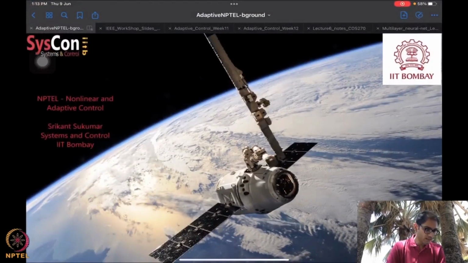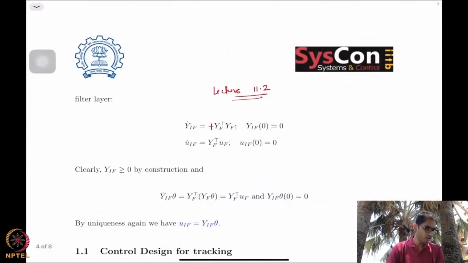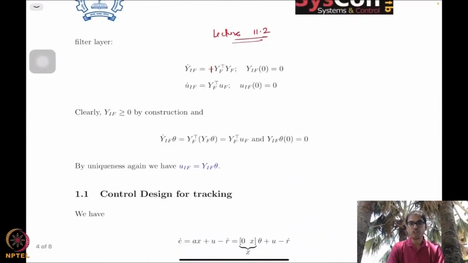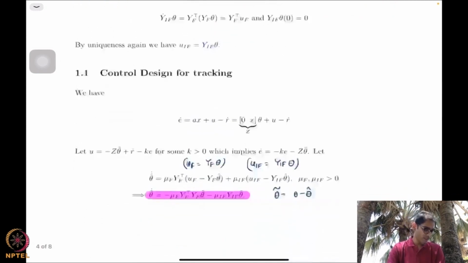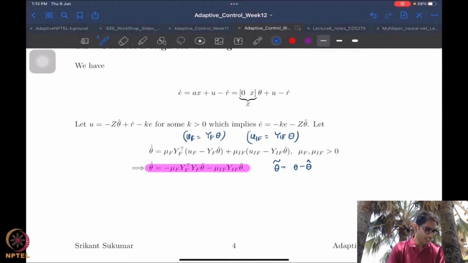But now, starting this week, we have been looking at initial excitation based adaptive controller, where you have essentially two layers of filters on your regressor and your control. And because of this, the update law design becomes simpler and also has nice negative terms in theta tilde itself, which is not usually present in typical PE-based adaptive control, right?